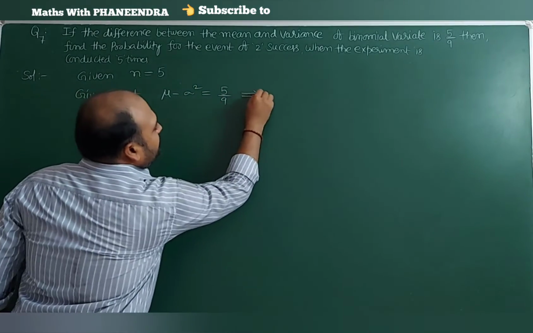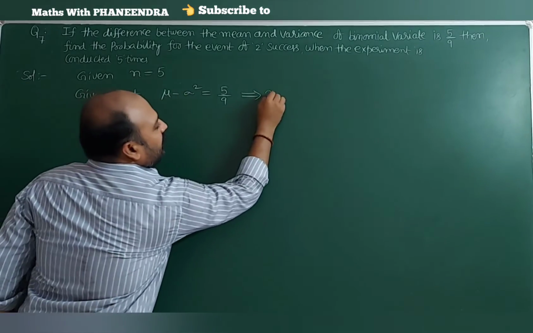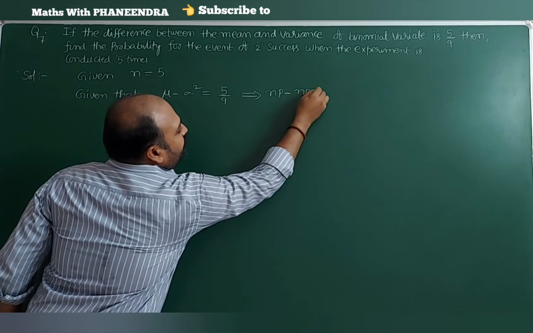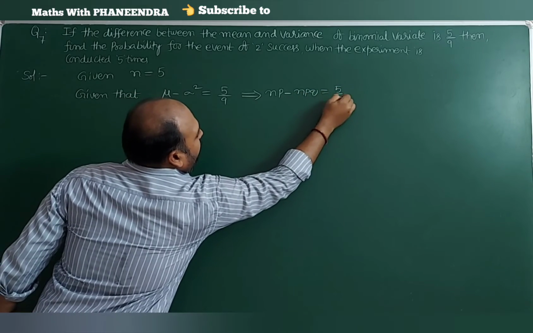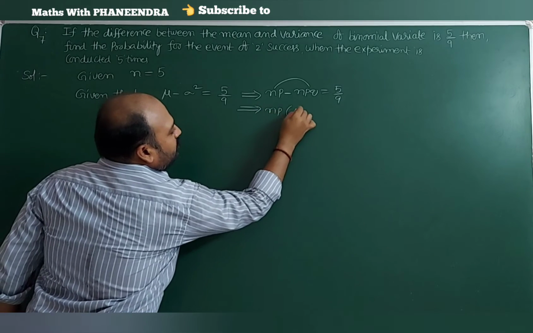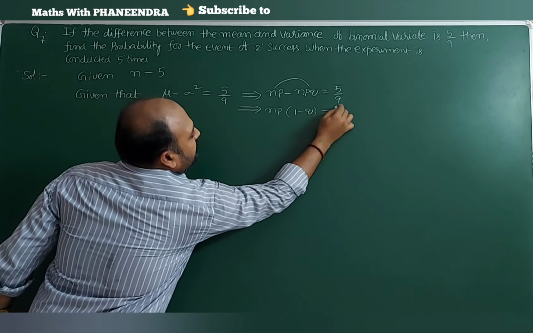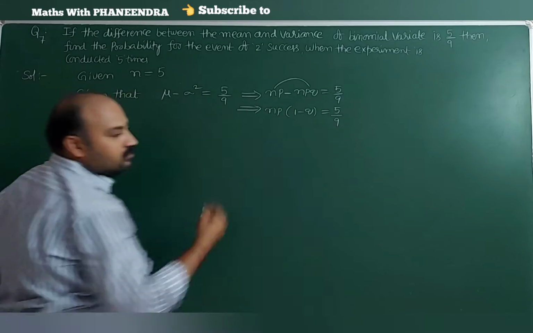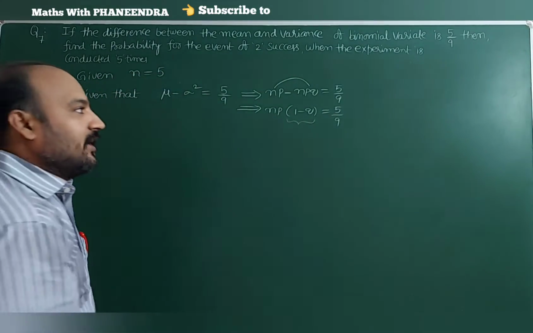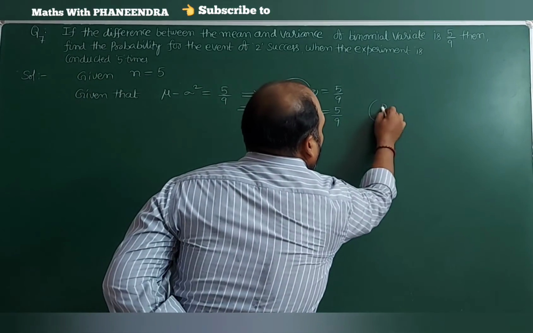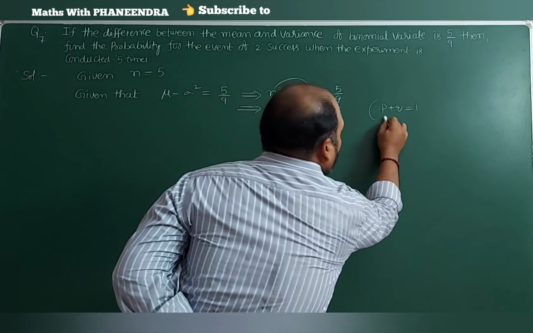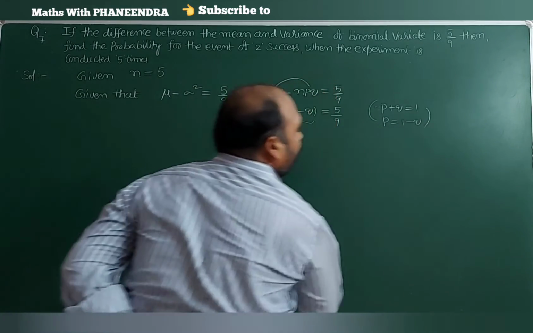So that implies mu value np minus sigma square npq is equal to 5 by 9. Take common np from these two. np into 1 minus q is equal to 5 by 9. We know that 1 minus q is equal to p, since p plus q is equal to 1. So p is equal to 1 minus q.